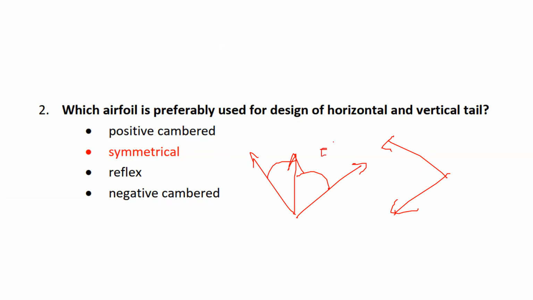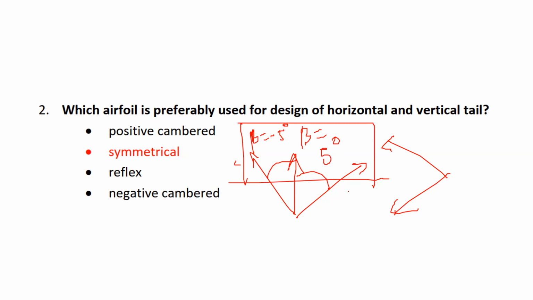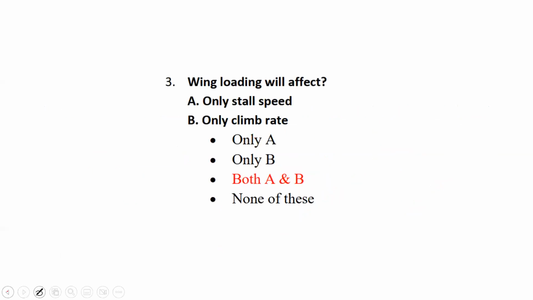Let's say you have a beta, sideslip angle, of 5 degrees and a beta of minus 5 degrees, and you're experiencing different forces. So your pilot will be confused how to fly this thing, right? So you want symmetry, and that's why you need symmetrical airfoils at the tail, both horizontal and vertical. So this was an easy question. Let's move ahead.